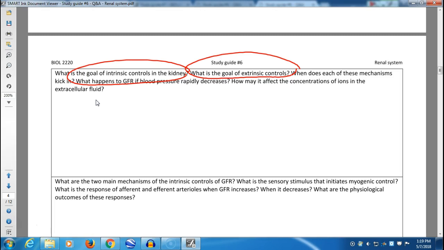We have 3 pressures. We have hydrostatic pressure from the capillary, hydrostatic pressure from the capsule, and osmotic pressure from the capillary. If blood pressure decreases, which one is affected? Hydrostatic capillary.